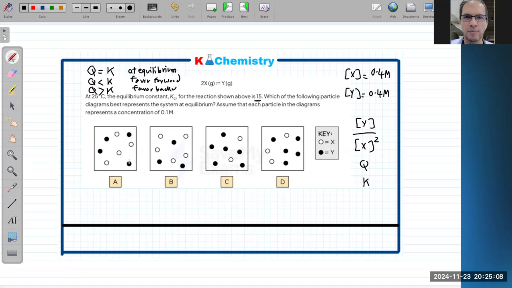So let's see, that's equal to 4 over 4 squared. We said not 4, we said 0.4, over 0.4 squared. And this one is equal to 2.5. And then this one, 1, 2, 3, 4 over 3.